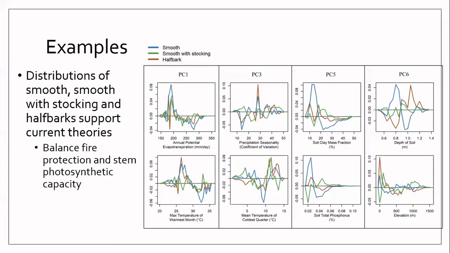Looking at the observed presence versus absence data, I did find that the distributions of smooth, stringybark, and half barks, in terms of their relationship to environmental variables and also where they were predicted based on the models, followed the current theories regarding the balance between fire protection and stem photosynthetic capacity. So this was really encouraging.